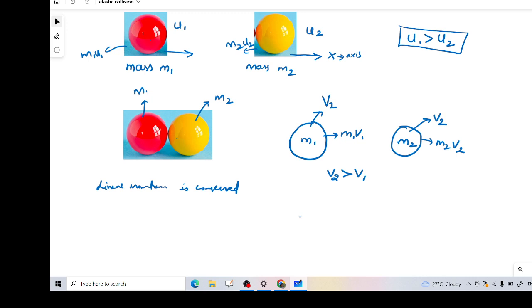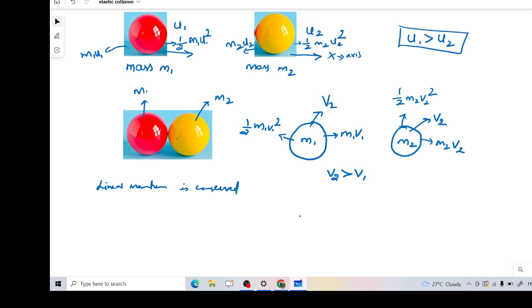Initially, before collision, the kinetic energy of this ball is half m1 u1 square, and the kinetic energy of this object is half m2 u2 square. After collision, the kinetic energy of the first ball is half m1 v1 square and the kinetic energy of the second ball is half m2 v2 square.